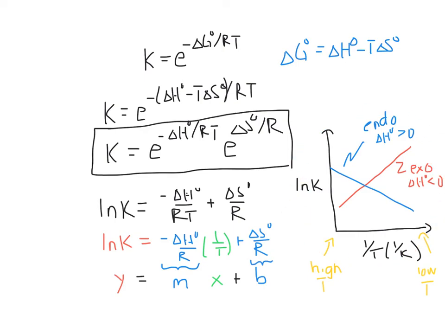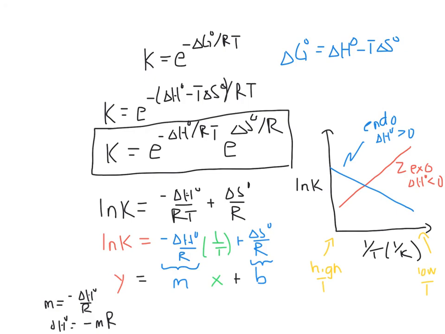Notice that when you put a best fit line through your data, your slope value of that best fit line can be equated to minus delta H naught over R. And so delta H naught is going to be equal to minus the slope times R.